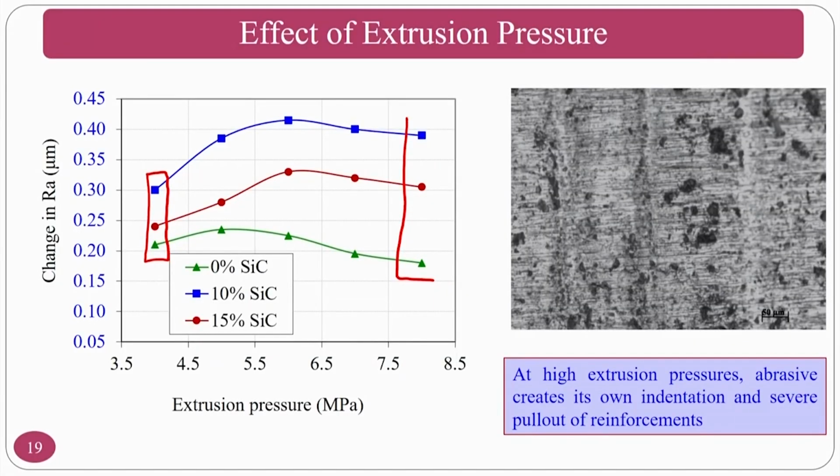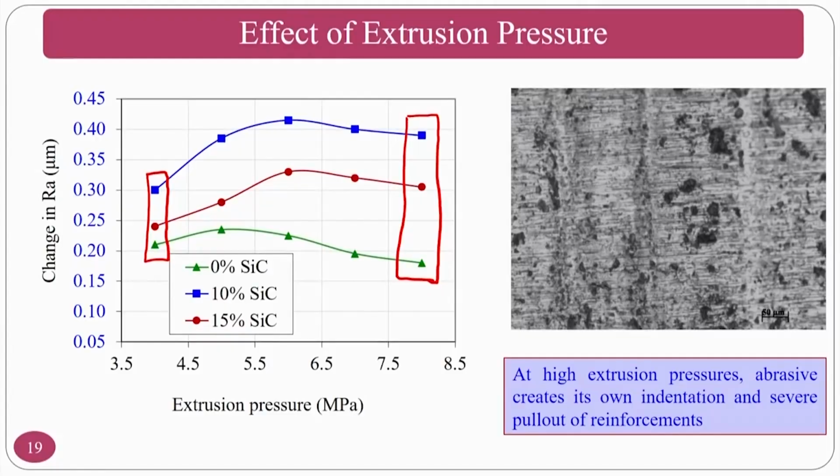If you see the research papers, what they clearly conveyed is that at higher extrusion pressure, the force ratio will be high. The force ratio means the FR to FA ratio. That means your radial force will be dominating compared to your axial force. In that circumstance, the indentation will be high because your radial force is high, so indents will be generated on the workpiece surface.